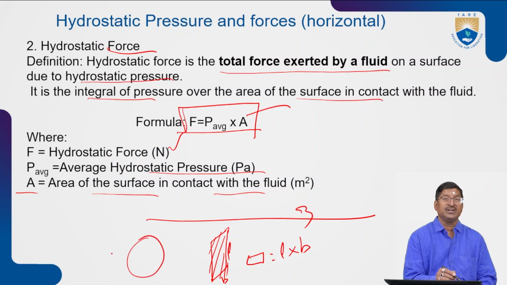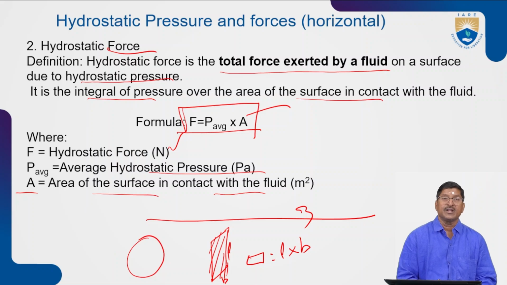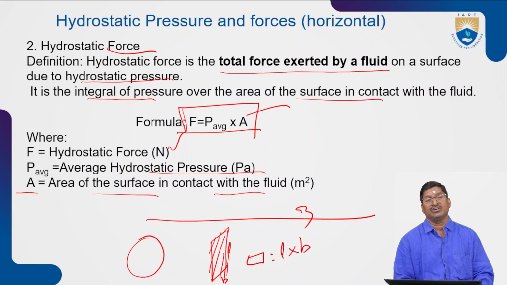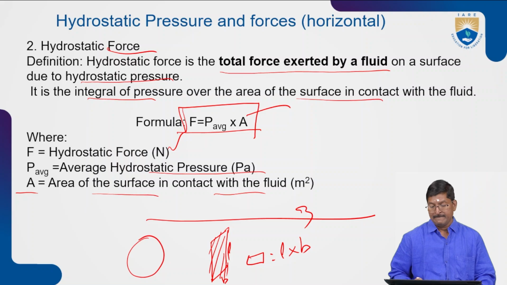If it is a circular surface, the formula is already known from before. Depending upon the shape of the surface, we can calculate the area of that submerged surface. It may be a regular shape like circular or rectangular, or it may be an irregular shape, in which case we can utilize integration mathematics to get the area of that particular submerged surface.